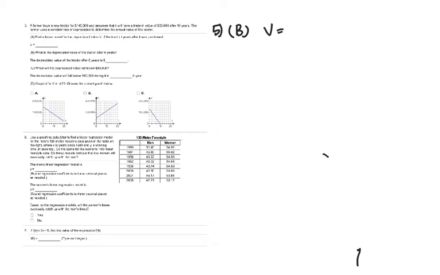The value is equal to a negative 6,500 times T plus 148,000. And here we're asked the value of the tractor after 6 years. So here we can rewrite V to be V of T, a value as a function of time.